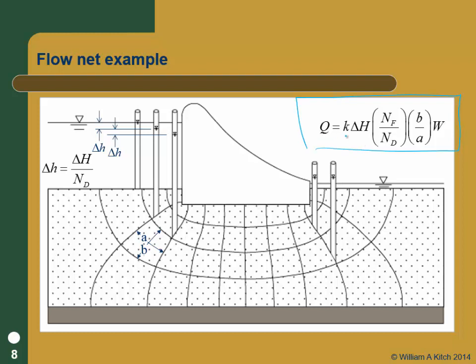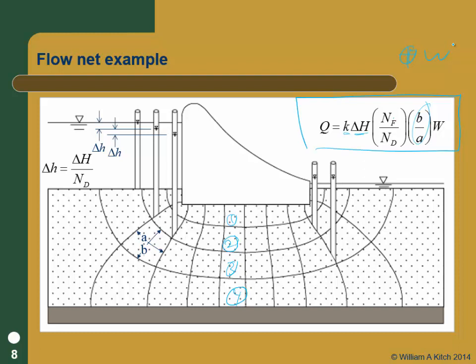The total flow is equal to the hydraulic conductivity times the total head loss times the ratio of the number of flow channels to the number of drops. How many flow channels do we have? 1, 2, 3, 4. And times the aspect ratio. We like to draw these 1 to 1. And then W is just the width of the dam, W into the board.